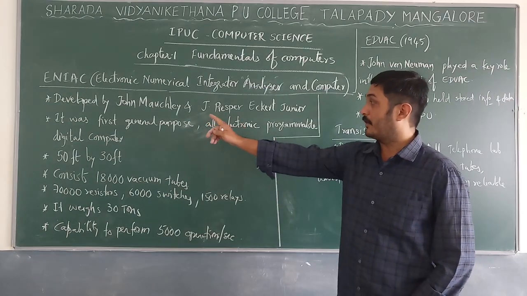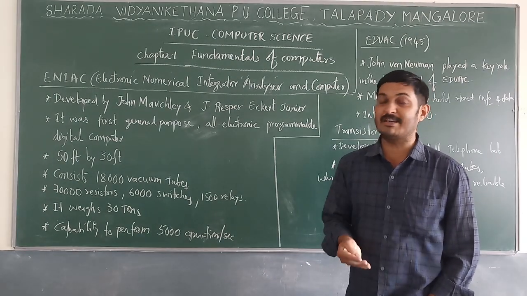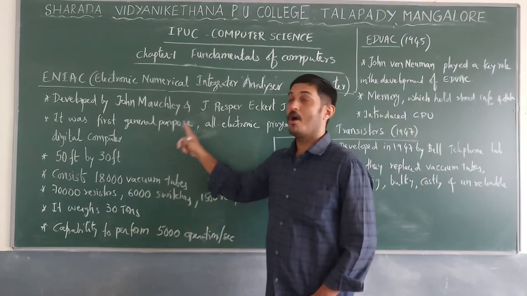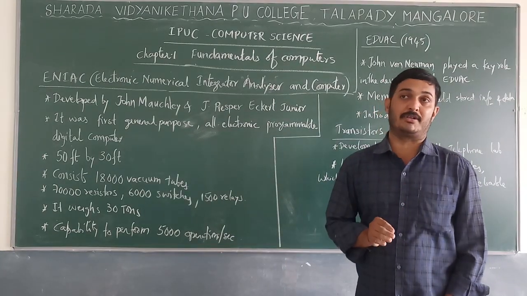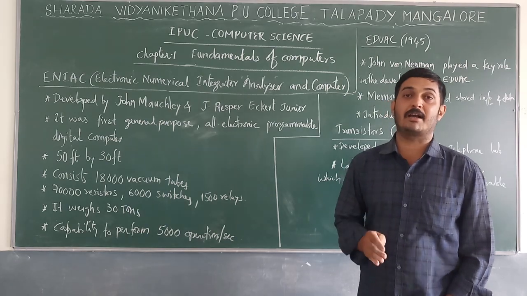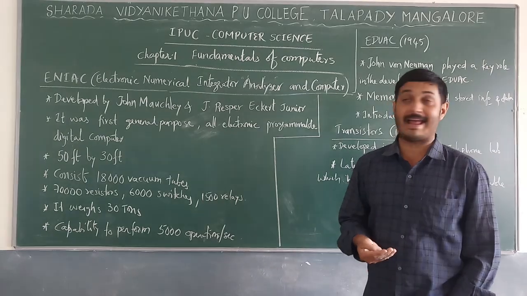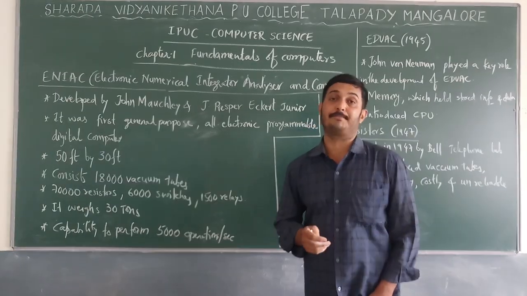It was the first general purpose, all electronic, that means without using mechanical devices, programmable digital computer. Programmable means here we can use some programs instead of low level language. It is the first electronic computer.